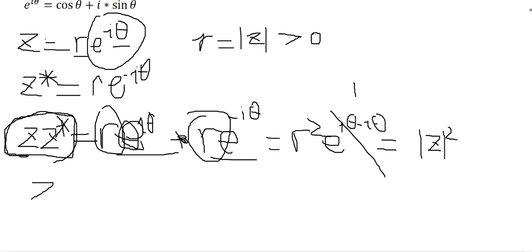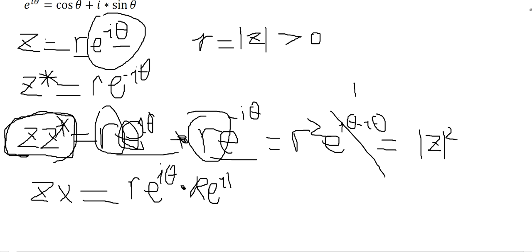So for example, I have a complex number z and a complex number x. For complex number z, I use the same as before, r times e to the i theta. And x, let's say big R times e to the i phi. Now, if we multiply them, we can see this is real and positive, this is also real and positive, and they go together.